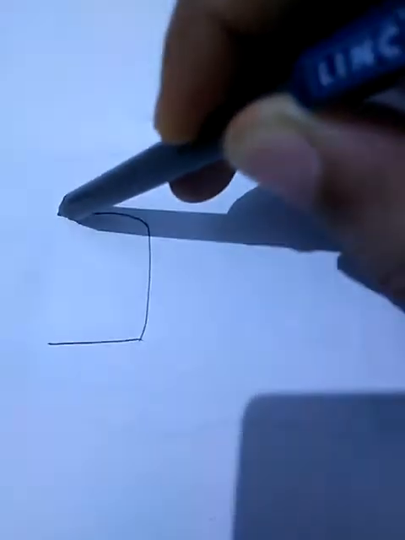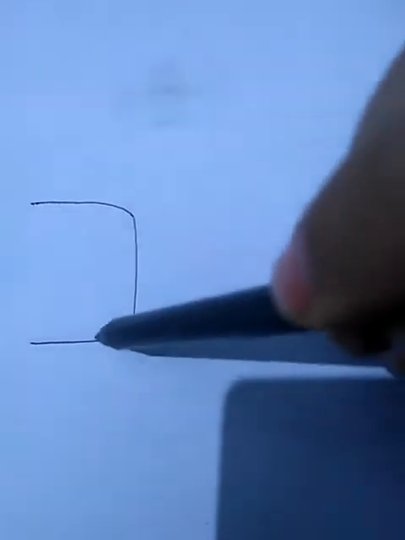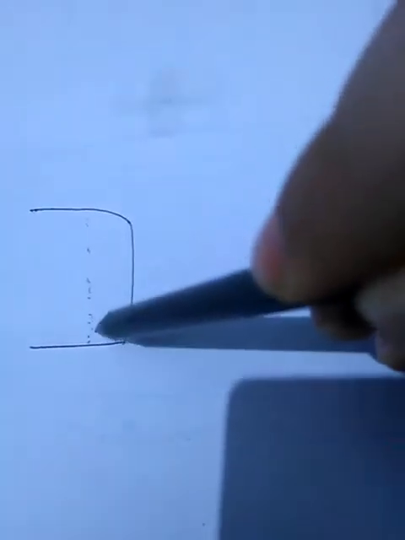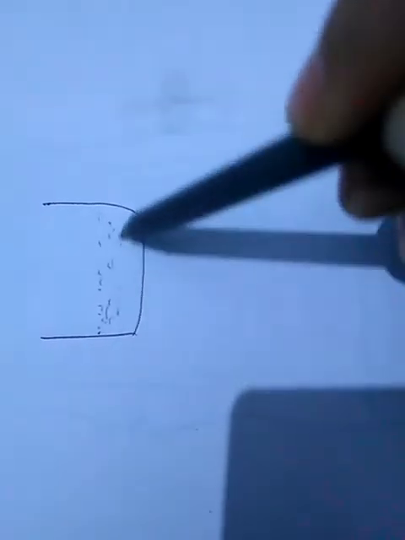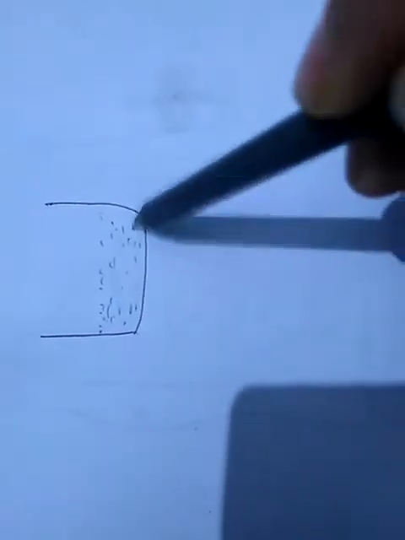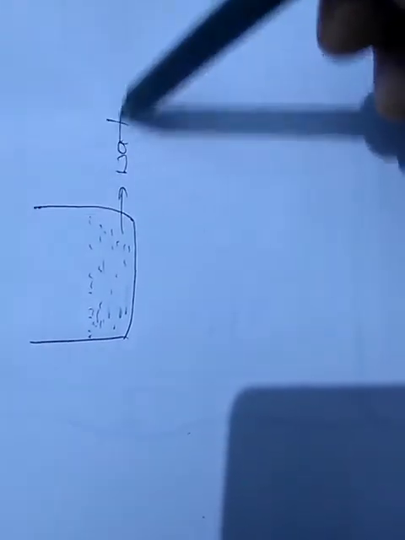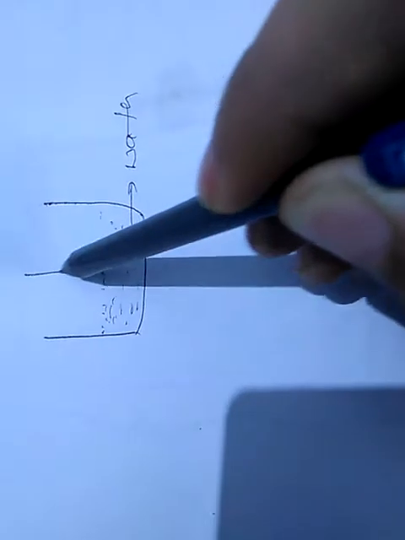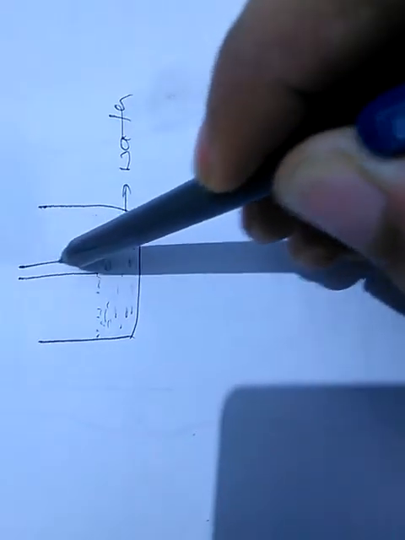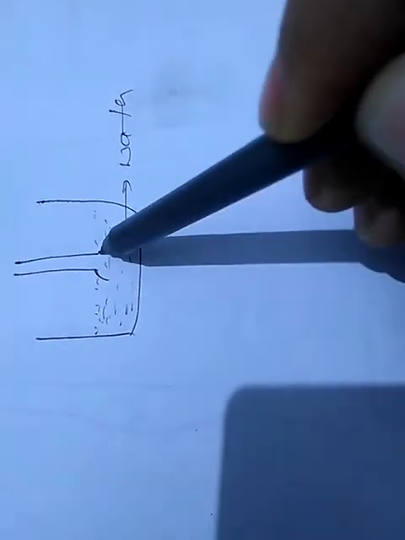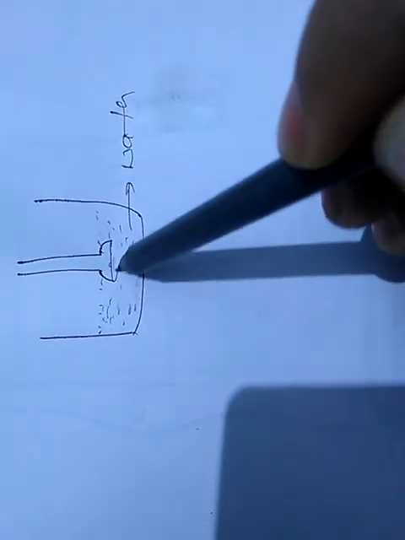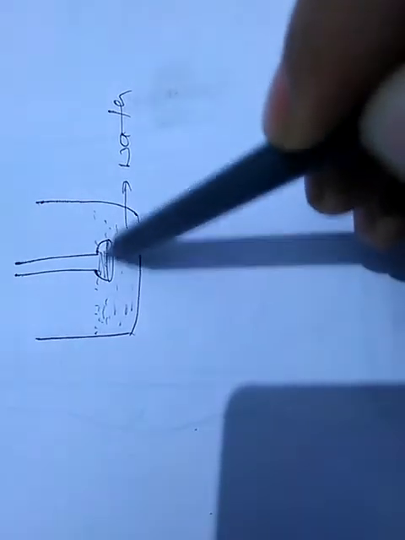Actually, in that experiment, we took a container and it is containing a pure solvent, and say this pure solvent over here is water. Then we dipped a thistle funnel inside it, containing solution.